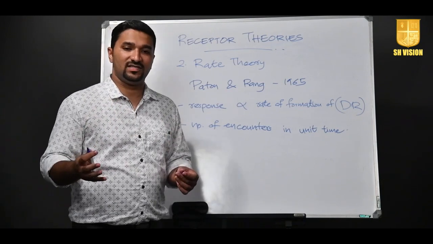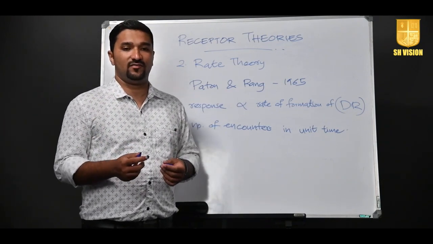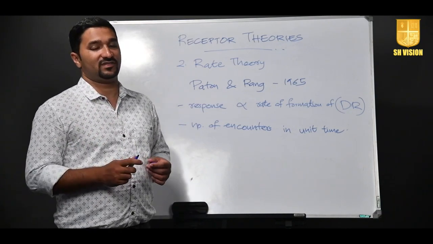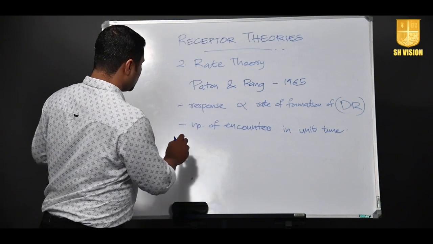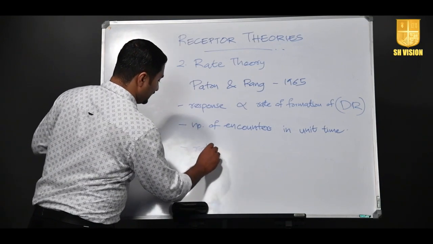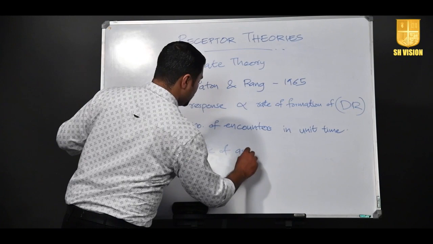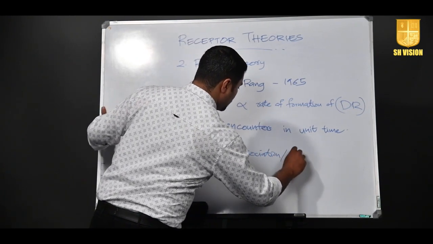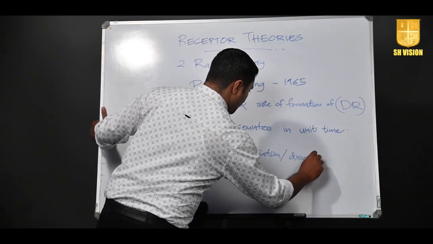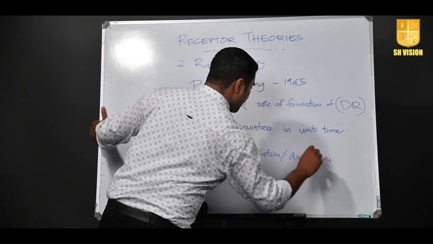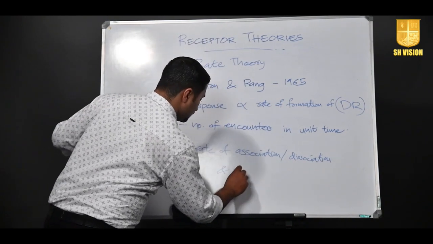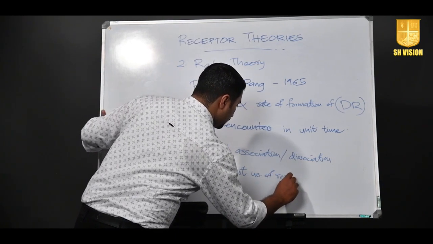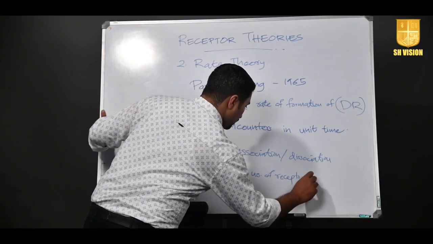It is the rate of association or dissociation of the drug with the receptor that will define the response, and not the number of receptors occupied.